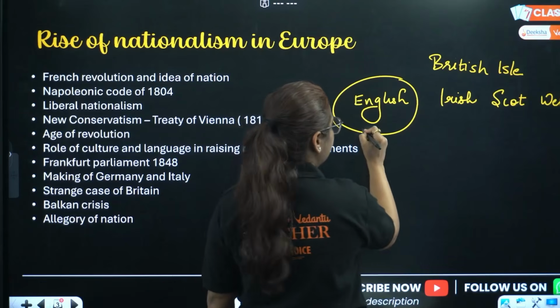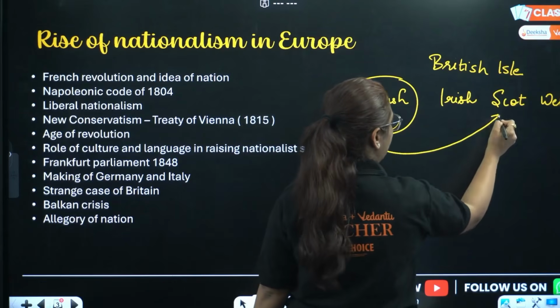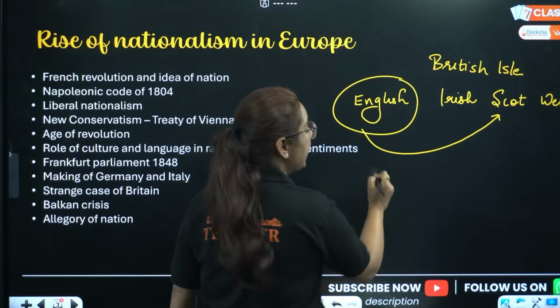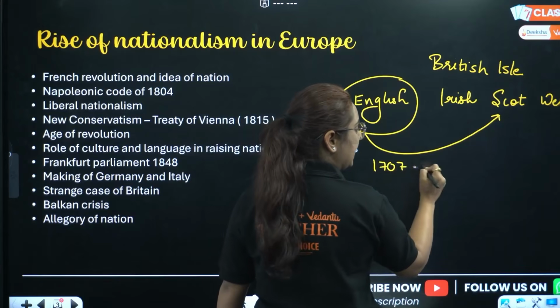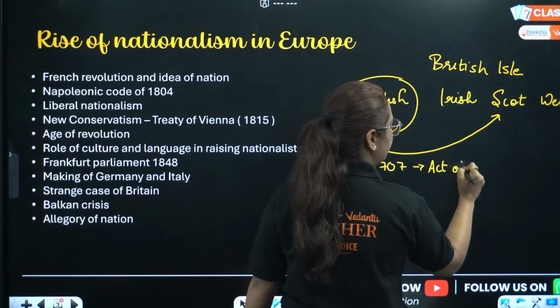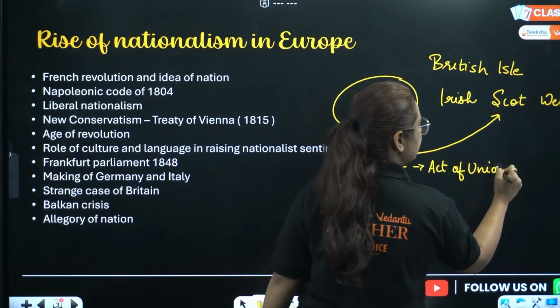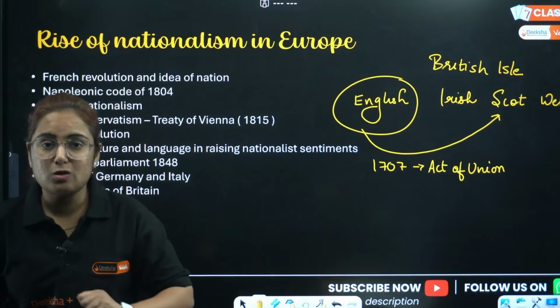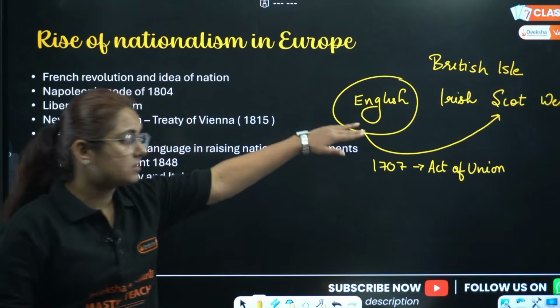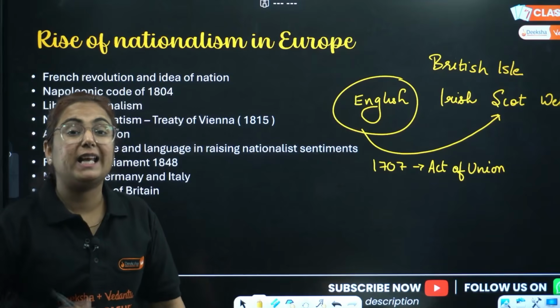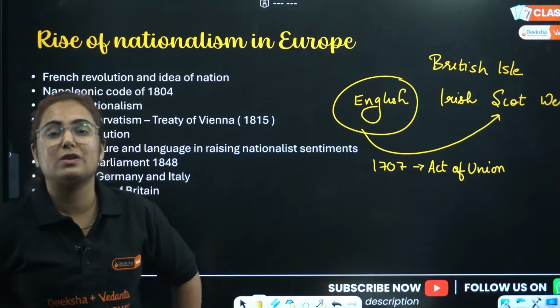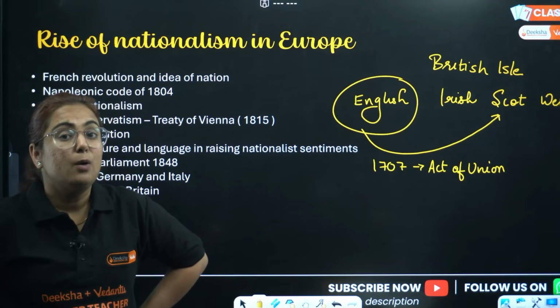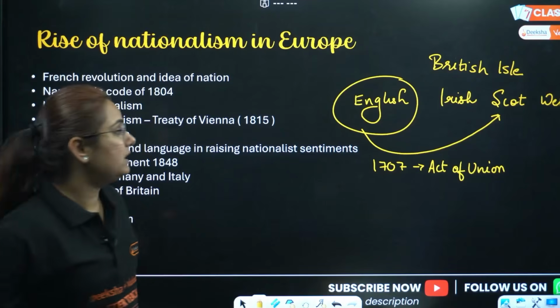Now when they gained power, they attacked Scotland first. In 1707, an Act of Union was signed with the people who speak the Scottish language, in the region known as Scotland. The Act of Union was signed between the two, where English dominance was established and the Scottish people were not allowed even to speak their language.